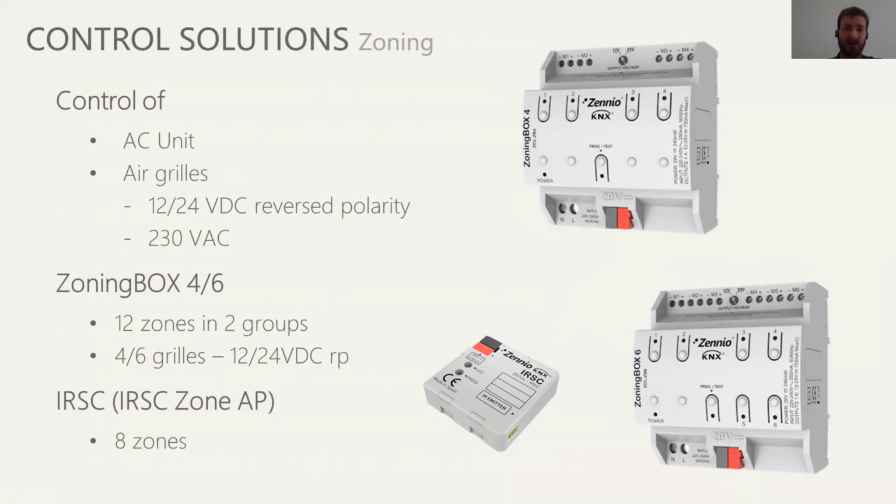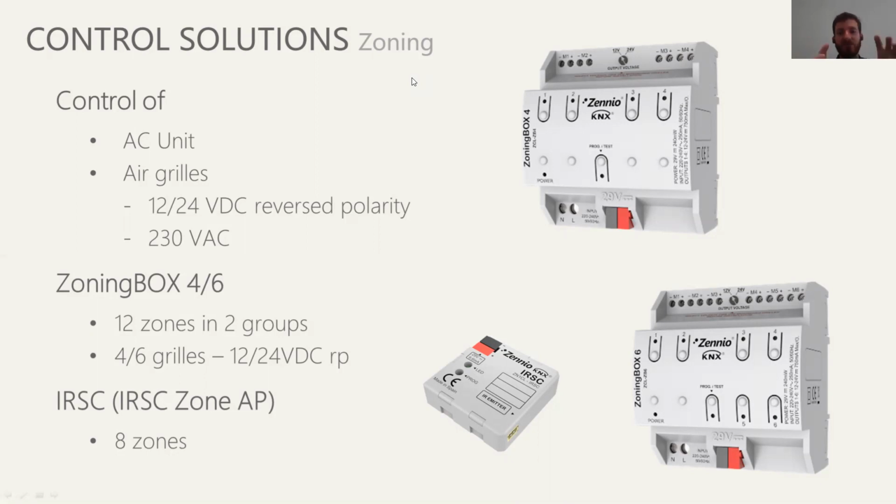So what the zoning is doing is you have an AC unit producing heat or cooling, and then sending the air through different ducts to the different rooms. And what you control in each room is just a grill that opens and closes and lets the air in or doesn't.